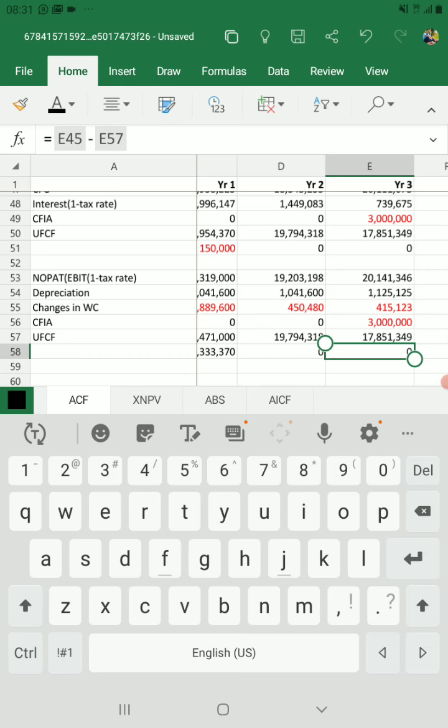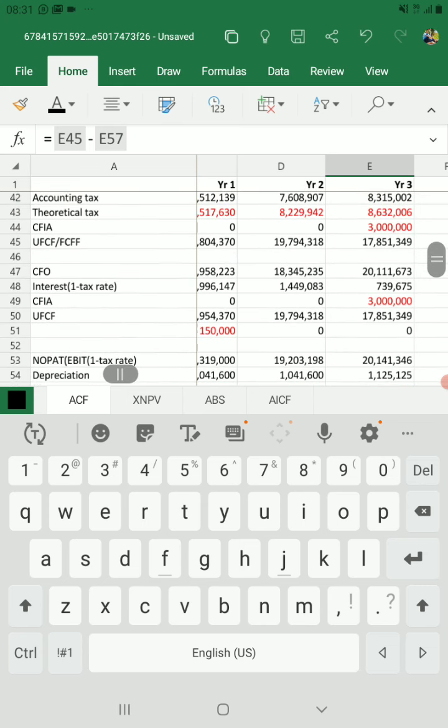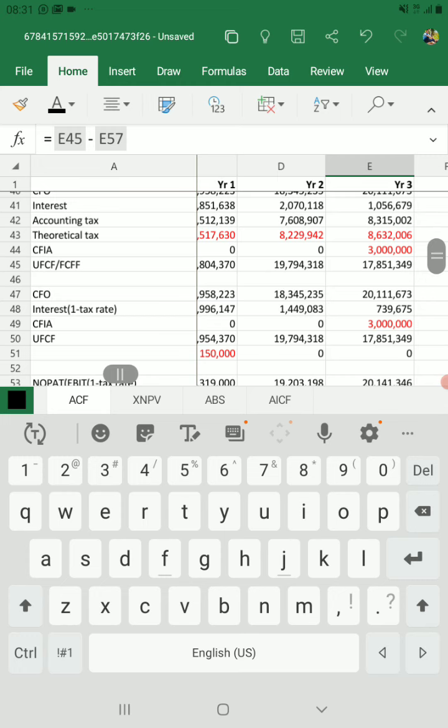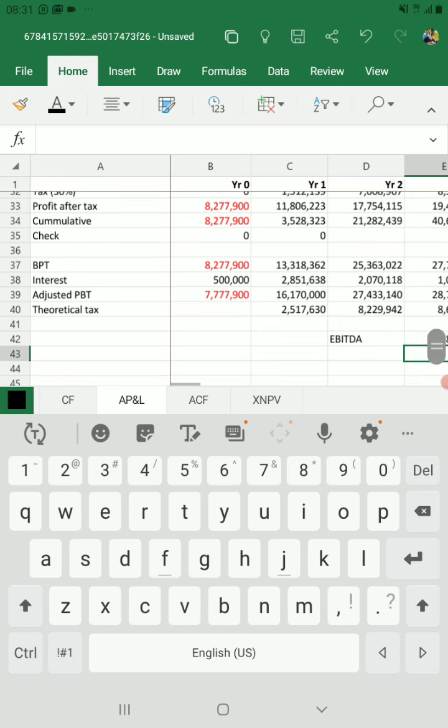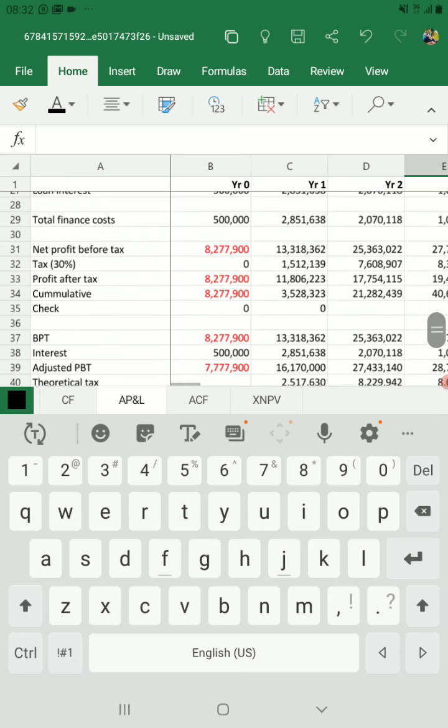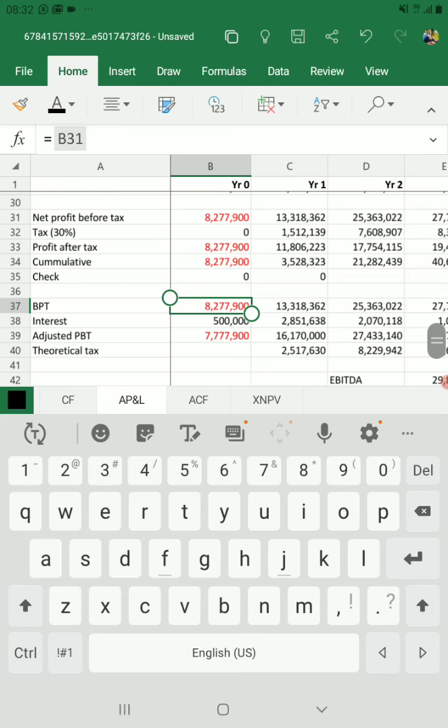Now, why do we have the same answers from year 2 to year 3 in both approaches? It is because from year 2, let us go to the annual income statement here, annual profit and loss. In year 0, we had a negative profit before tax figure. And from year 1 is where we have a positive profit before tax figure.